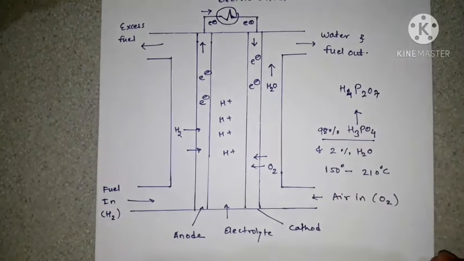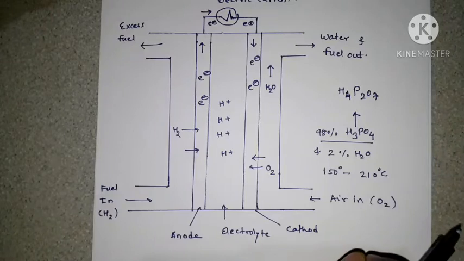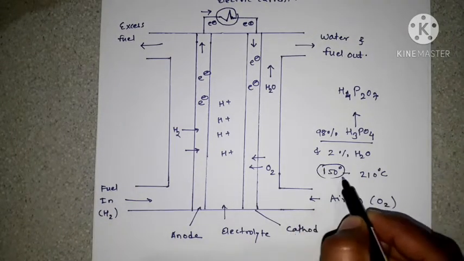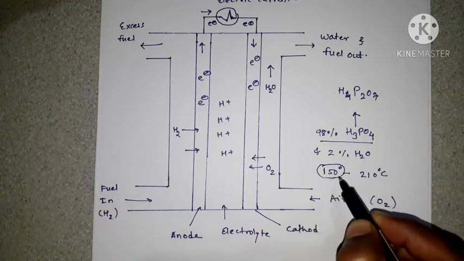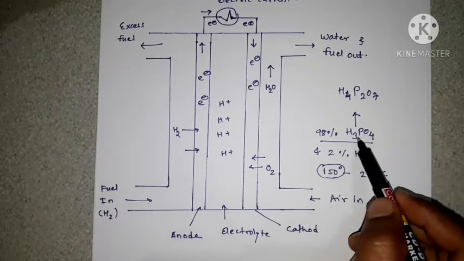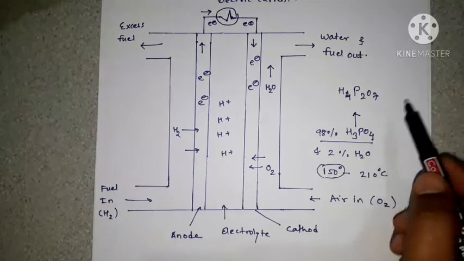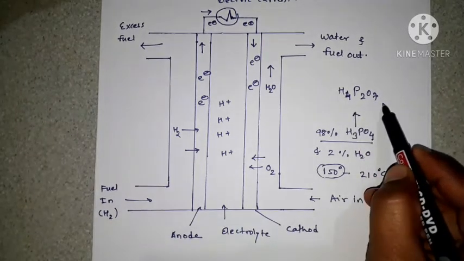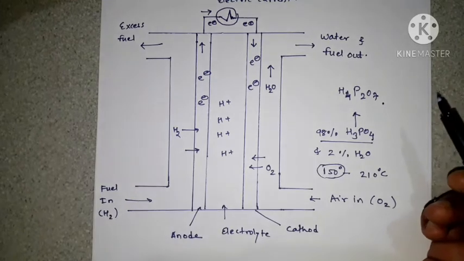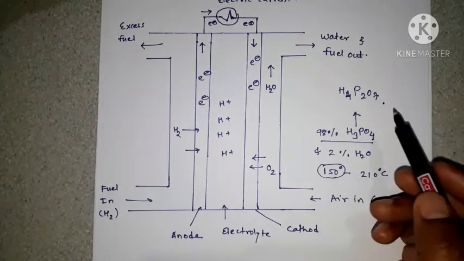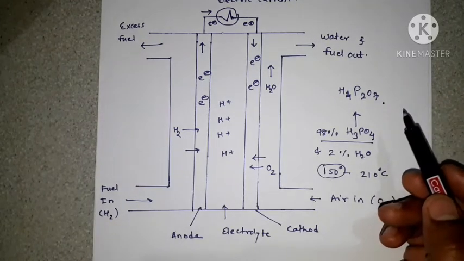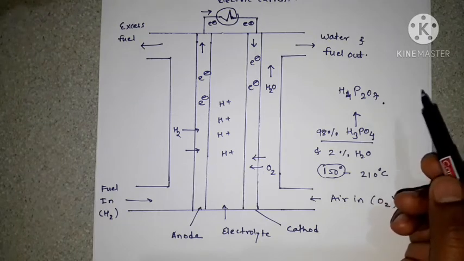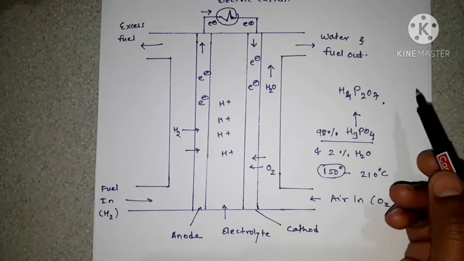H4P2O7. This is pyrophosphoric acid formation. When 150 degrees Celsius temperature is provided, your phosphoric acid is polymerized into pyrophosphoric acid, which has considerably higher ionic conductivity than phosphoric acid.